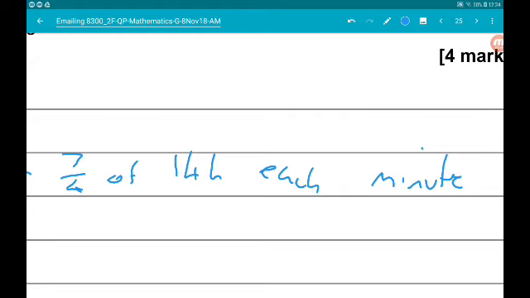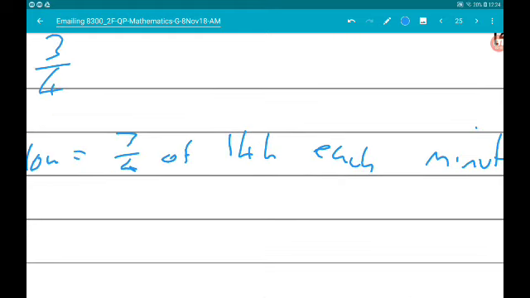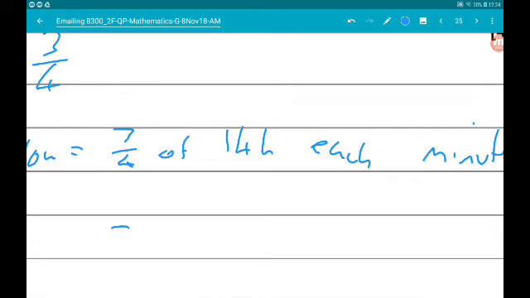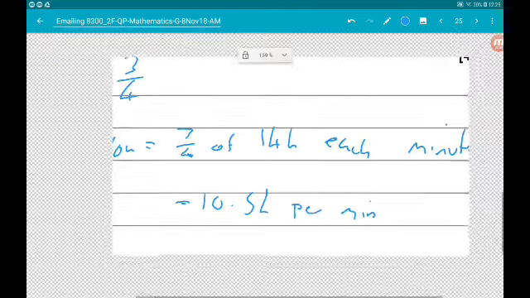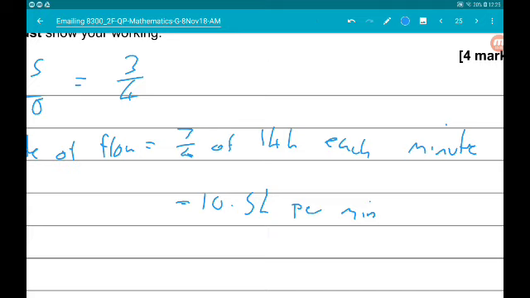Now in your calculator, put in 3/4 times 14 and you will get 10.5 litres per minute. Okay, so at this point there are now 2 routes we could take.